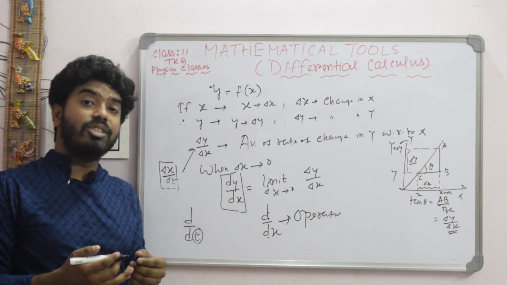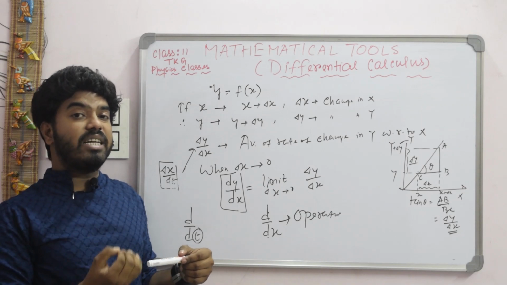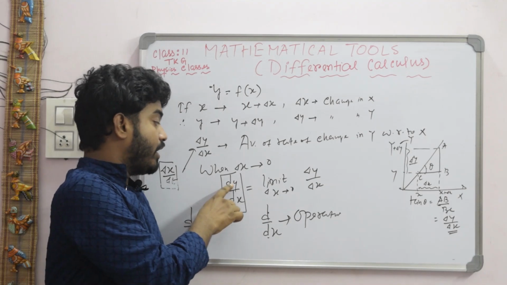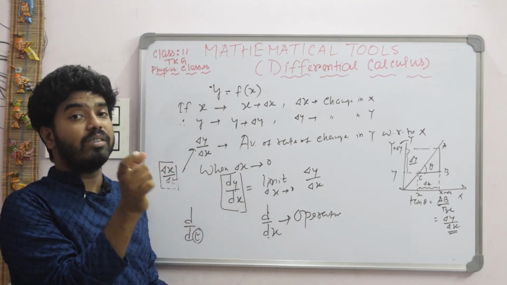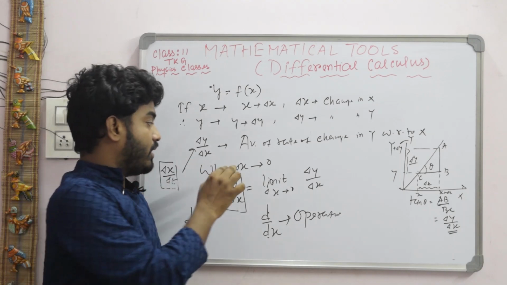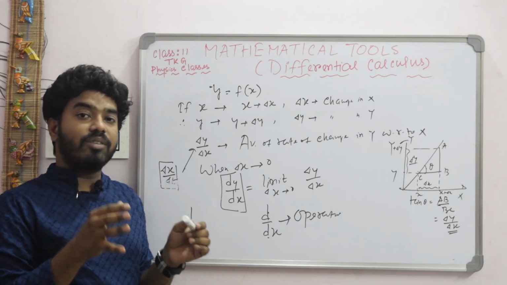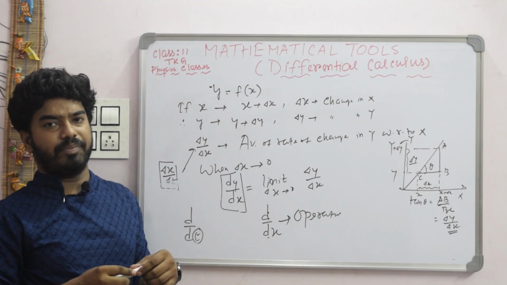So what is differentiation? Differentiation gives the instantaneous value of the function y with respect to x. Instantaneous value means the change, that is del x, tends to 0. So this is the physical significance, the basic part about differentiation.